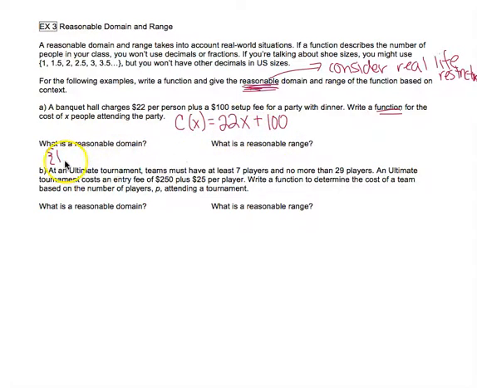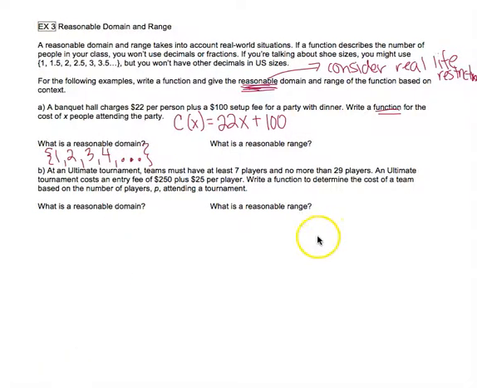So 1 would be first, then 2, 3, 4, and so on. These 3 dots are called ellipses. It just means continuing in the same pattern. And so what we ended up with is that our domain is whole numbers. There are going to be times where they're going to actually use those descriptions of types of numbers. Instead of writing it out like this, they might say domain whole numbers.